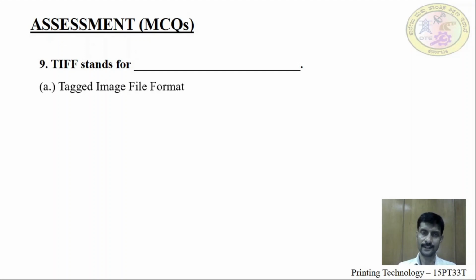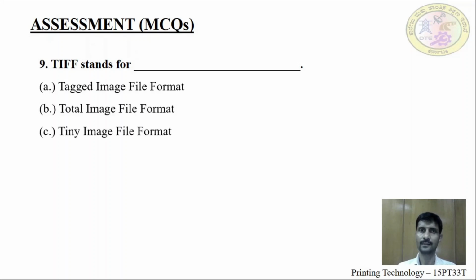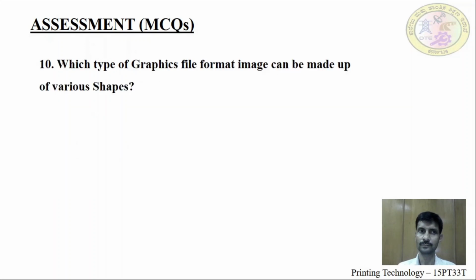First option is tagged image file format. Second is total image file format. Third one is tiny image file format, and none of the above. One more clue is this file can combine all the information, text, graphics, and color information without loss of resolution. The compression ratio is 10:1. So it is called lossless compression.